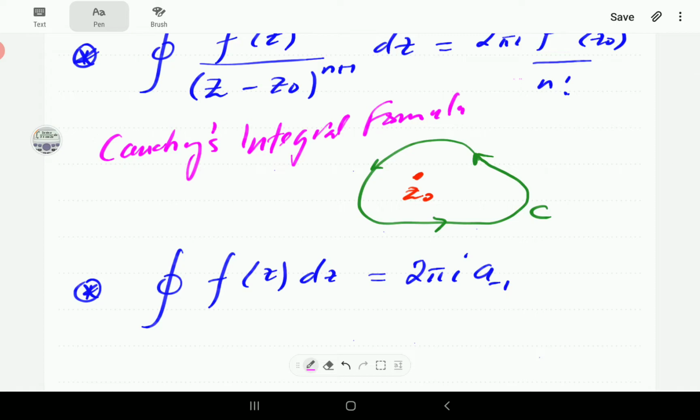And then in our video on the residues, we showed that if f is analytic everywhere, but singular at z0, if you expand f in a Laurent series and integrate on both sides around c, then this is going to be 2 pi i times a_-1, where a_-1 is the residue of f of z at z0.